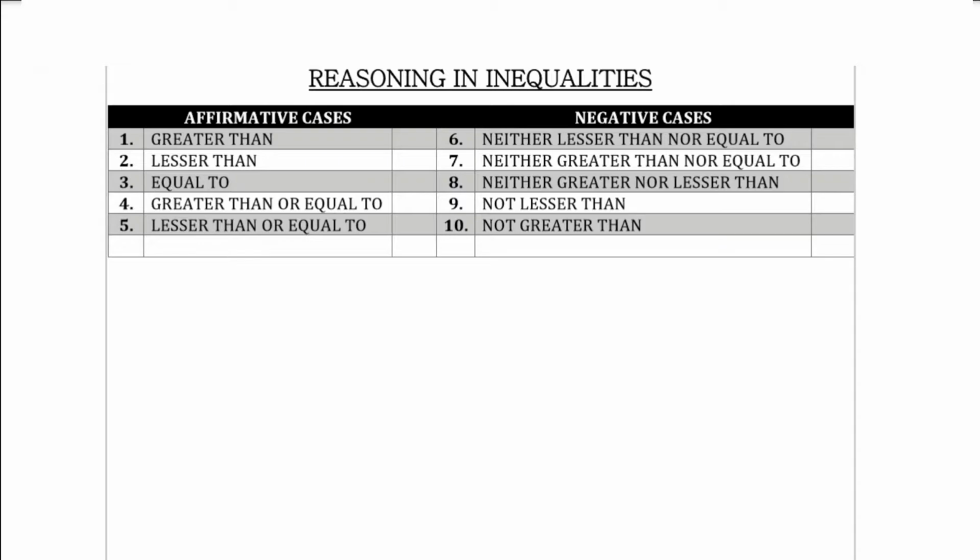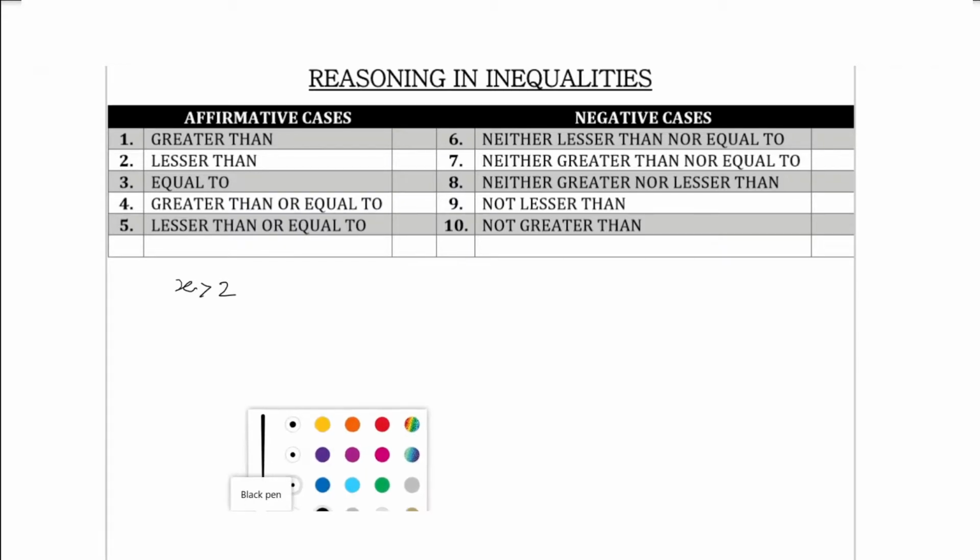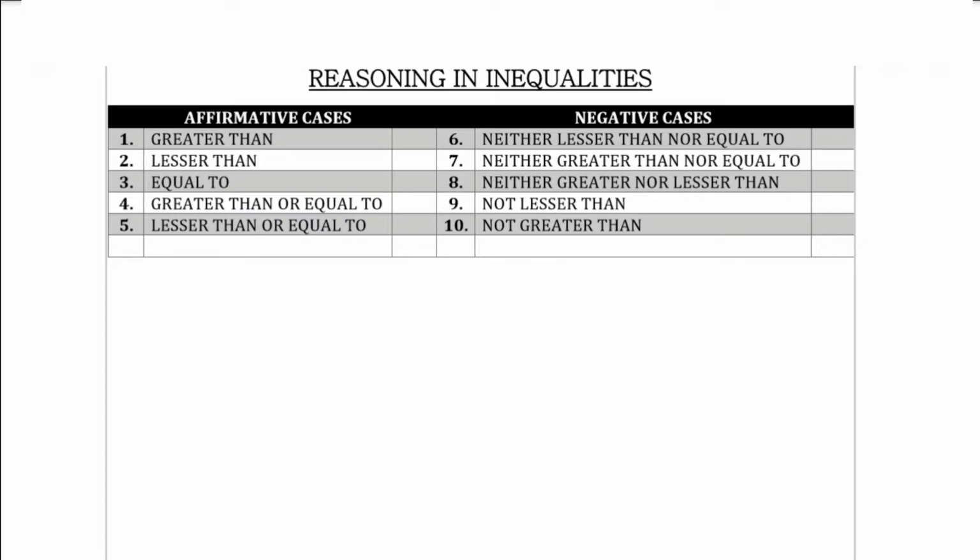Okay. So, taking an example here, if I say that x is a real number which is greater than 2, right? So, what am I trying to take here? We are taking an example of x is greater than 2, and we are saying that x is a real number.